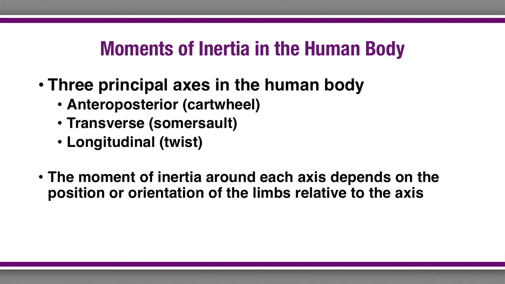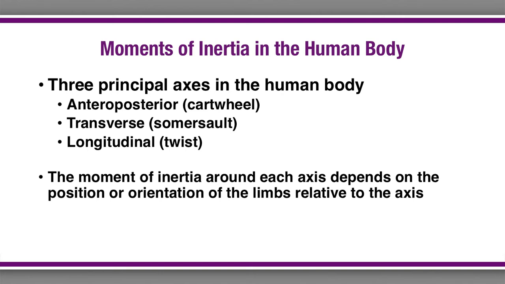So if you envision doing a somersault, you would be rotating relatively about this global transverse axis. Longitudinal axis, also known as the polar axis, is from top to bottom or bottom to top. So if you envision yourself doing a twist, this would be about the longitudinal axis.